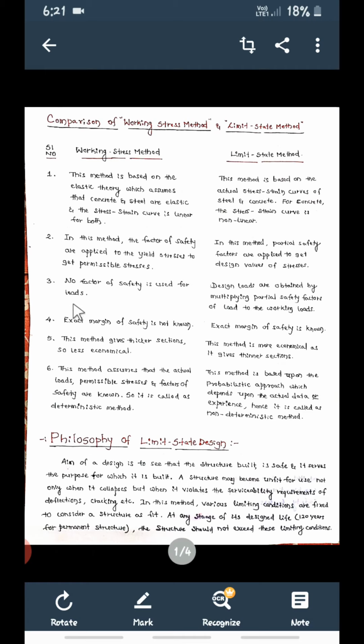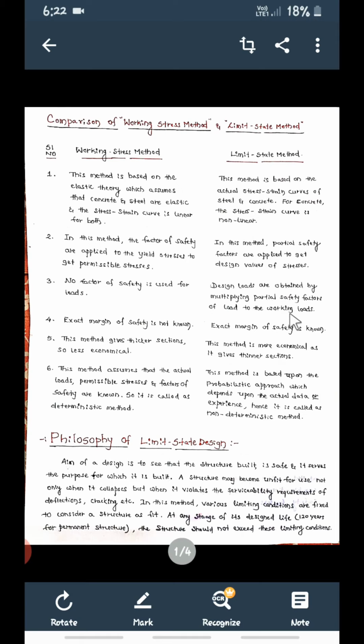Then in the third point, no factor of safety is used for the loads in the working stress method. But in the limit state method, design loads are obtained. These are the final loads we consider for the design, called ultimate loads or design loads. How to get these design loads? They are obtained by multiplying partial safety factors to the working loads.